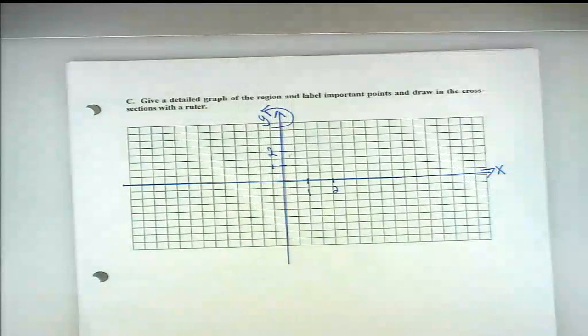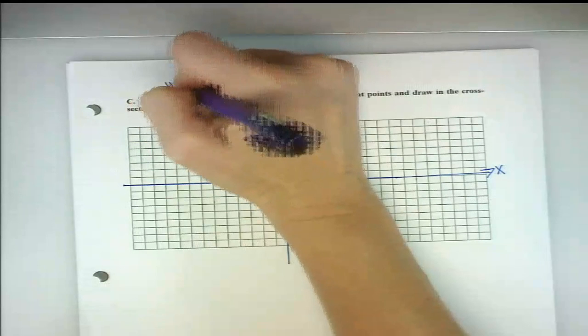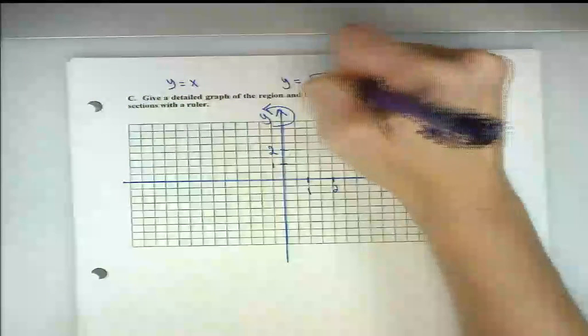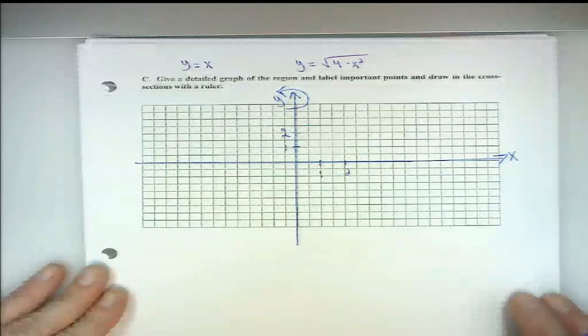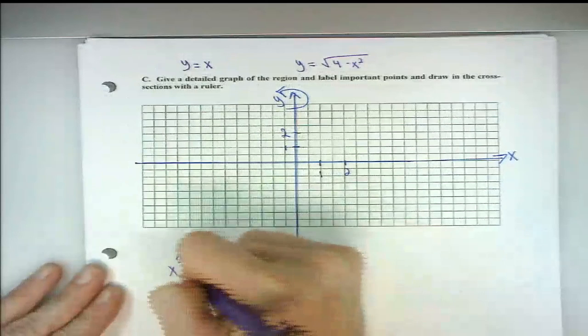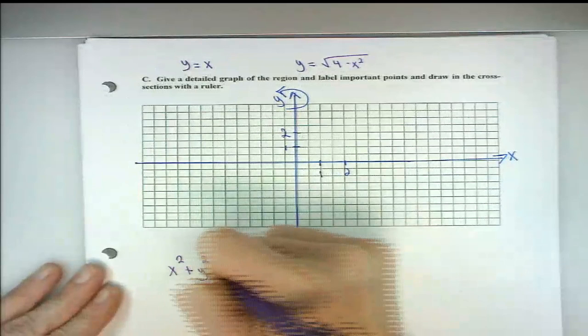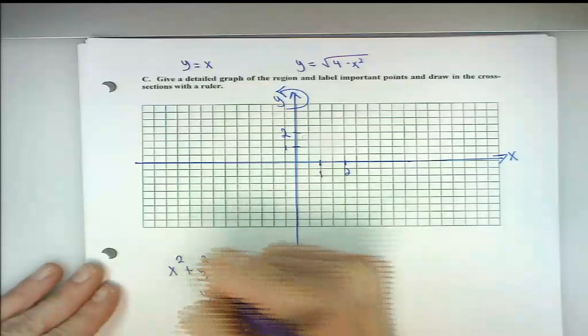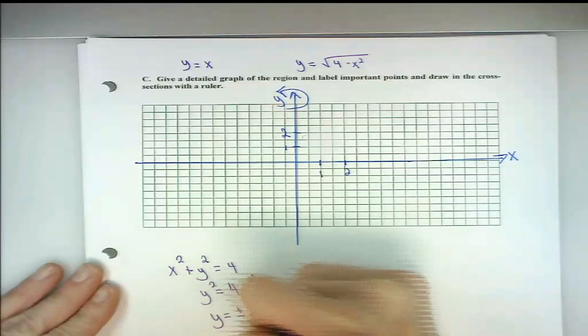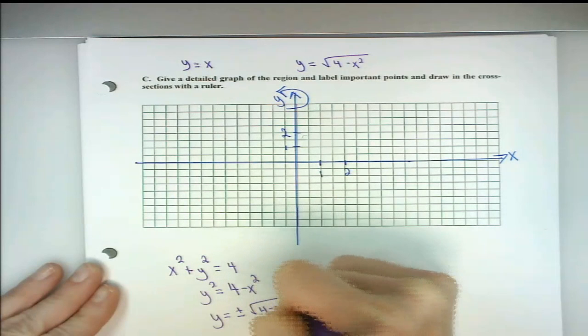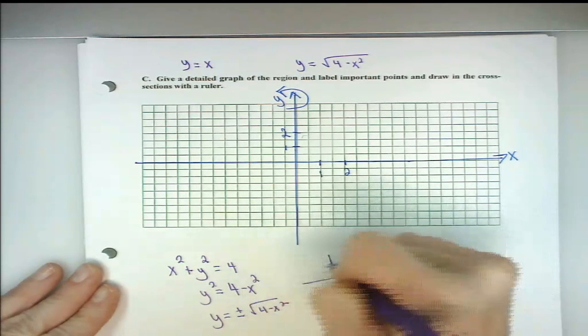And I want to work on graphing the two functions, or curves, y equals x, and y equals the square root of 4 minus x squared. Here's where the square root of 4 minus x squared comes from. If you have the circle with center 0, 0 and radius 2, y equals the square root of 4 minus x squared, and then the whole circle has a radius of 2.